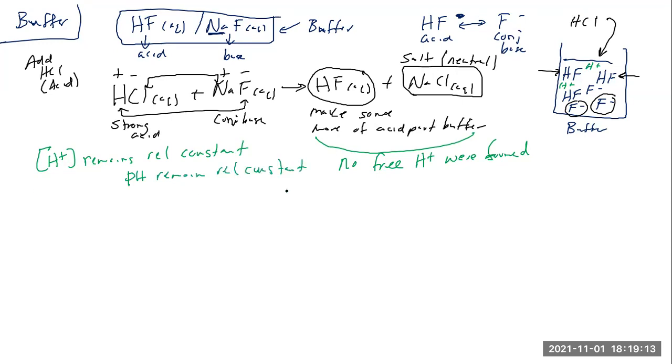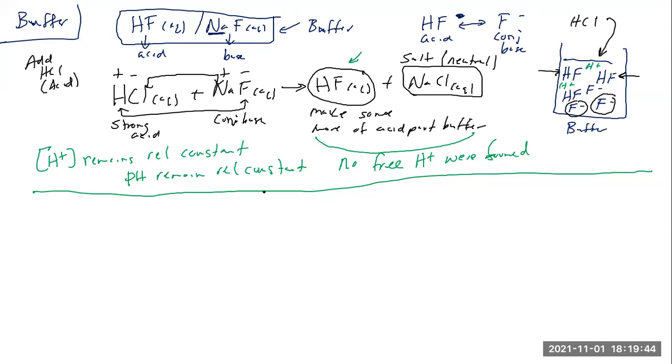So when we add an acid to a buffer, it will essentially make part of the buffer. And really what we're preventing is this free H plus from coming in here and basically being free and floating around. It actually gets gobbled up by the F minus, making more HF. It doesn't allow it to be free anymore. That keeps the H plus concentration relatively constant, and the pH remains relatively constant as well.